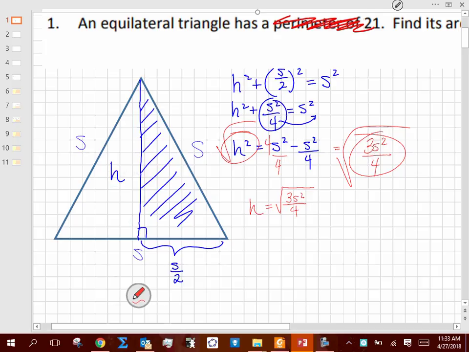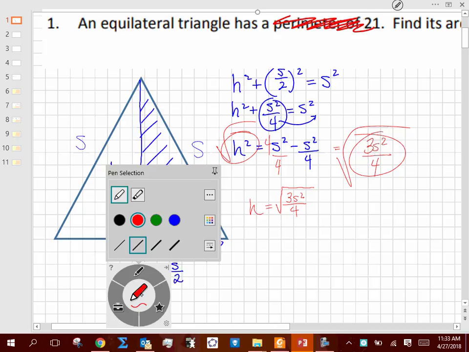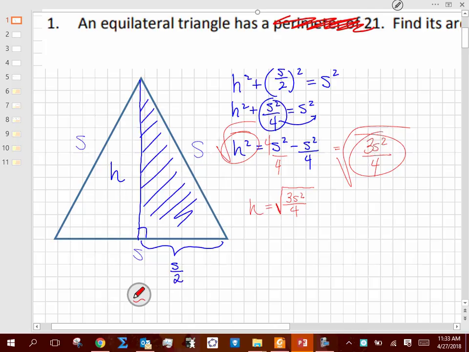And let me change the thickness of the pen so you see it a little bit better. So the square root of 3s squared over 4. Okay? Is that the same thing as the square root of 3s squared over the square root of 4?